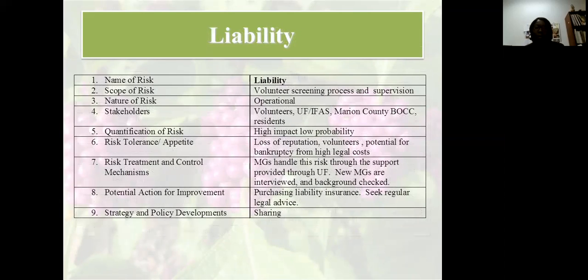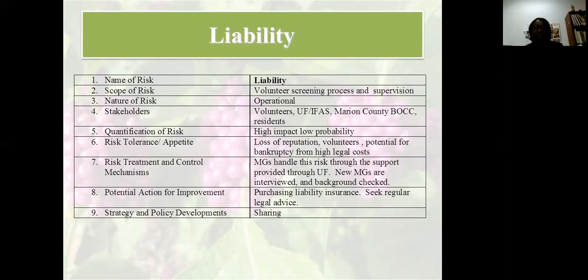So there's that. And then liability. So of course, each of you have a volunteer screening process. And this is a high impact, low probability risk if you're doing it correctly. Loss of reputation and potential for bankruptcy from high legal costs. And luckily for us, the university and county covers us with some of these things.